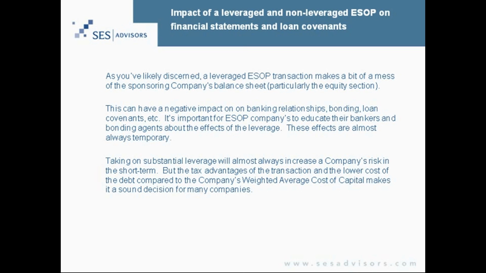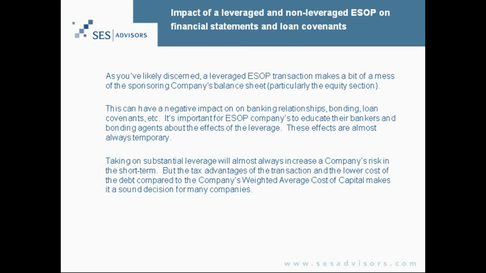Like all leverage transactions, they can drop the weighted average cost of capital, and that makes it a sound decision for many companies. If the company can service its debt, if it has a reasonable structure on loan terms, what we find is most ESOP companies will quickly service that debt, and the tax benefits of the ESOP structure help them do that.